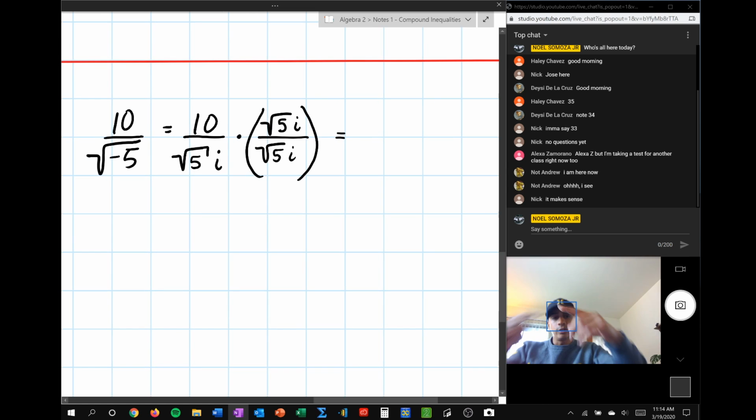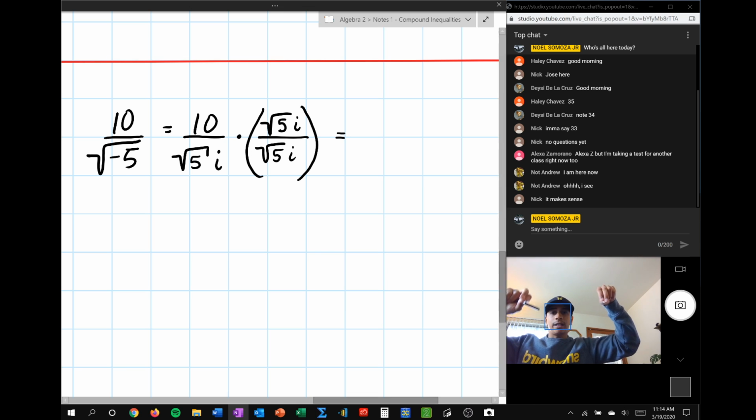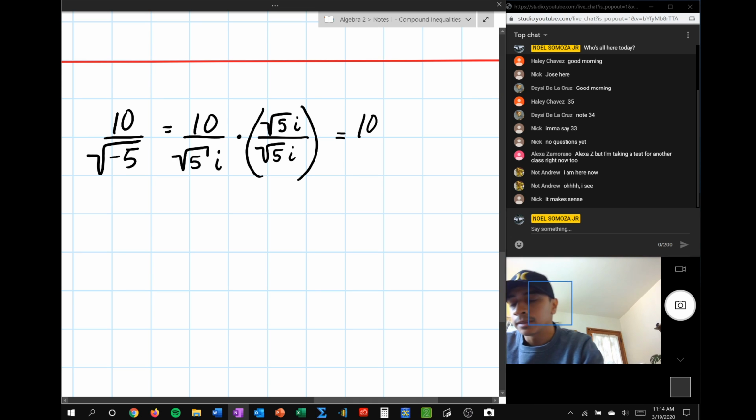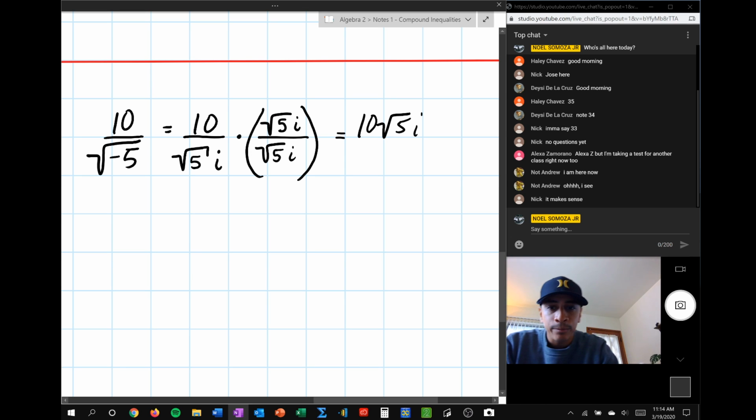Okay, in the numerator, 10 is outside, 5 is inside. You cannot multiply the 10 and the 5 together. They have to stay separate. So 10 stays outside, square root of 5 and i.